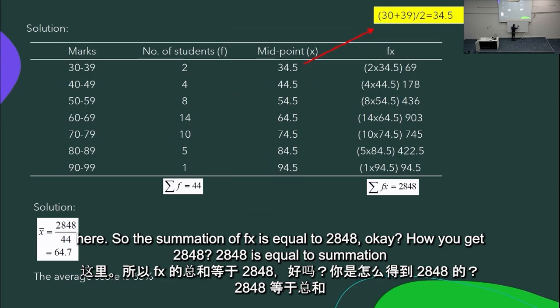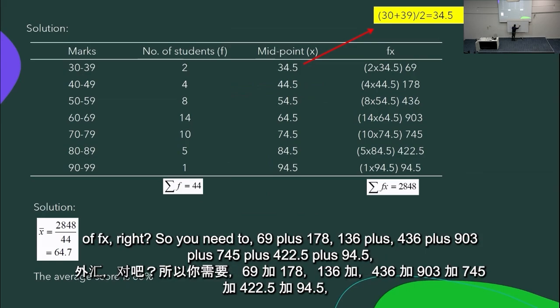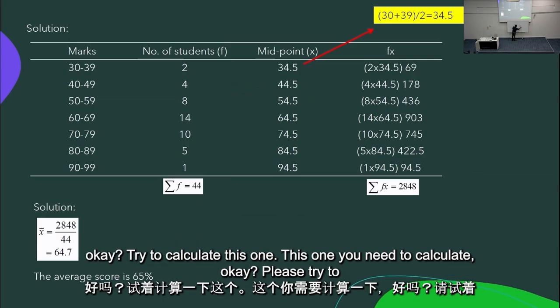2848 is equal to the summation of fx, right? So you need 69 plus 178, plus 136, plus 436, plus 903, plus 745, plus 422.5, plus 94.5.